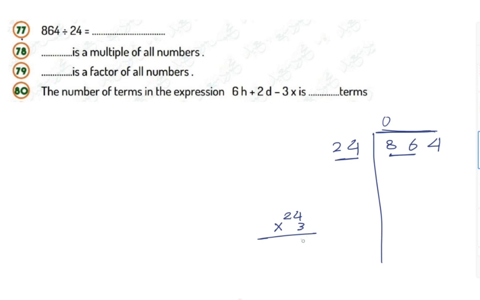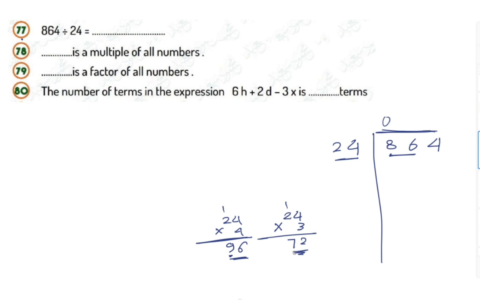Okay, 3 by 4, 12, 2 and carry up 1. 3 by 2, 6 plus 1 equals 7. Okay, 72 is less than 86. Let's try another, the table of 4. 4 by 4 equals 16, carry up 1. 4 by 2, 8 and 1 equal 9. So we have 96, sorry, greater than 86.